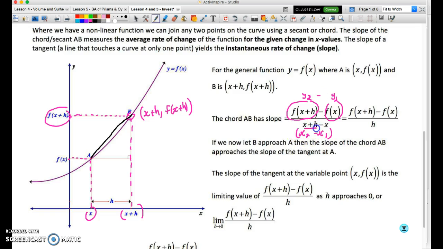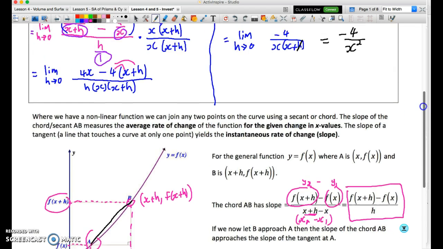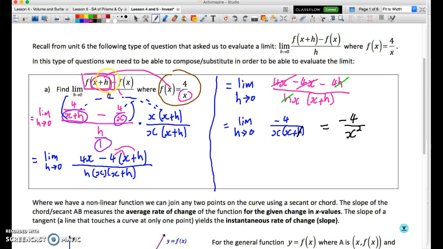I'm saying x2 is the x coordinate of point B, x1 is the x coordinate of point A, and what I'm going to end up with is the expression f of x plus h minus f of x over h, after we do a little bit of simplifying in the denominator. And so what you should be able to see, of course, is that that is the exact same expression for which I evaluated the limit as h approaches 0.